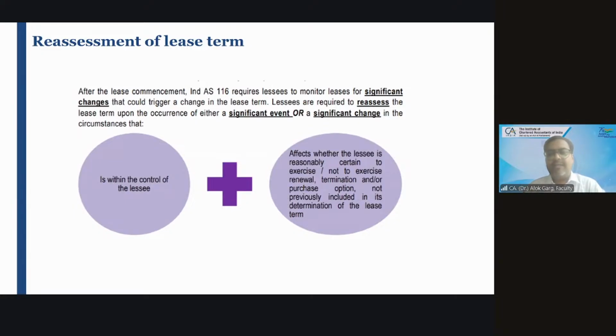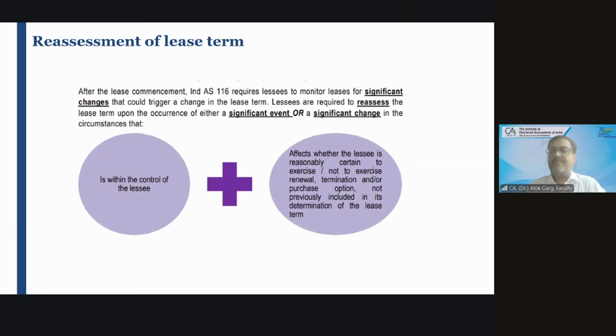For example, the lessor is free. From the lessor's perspective, he can terminate in the last 4 years. But from the lessee's perspective, if the lessee has to terminate, he has to bear a significant penalty. So it is the same as only the lessor having the right. If only the lessor has the right of termination option, what will happen? From the lessee's perspective there is no right. So the lessee will consider the full period as lease term. Okay.